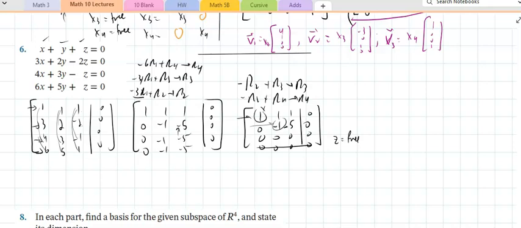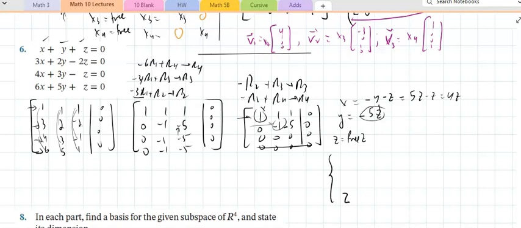That means, let this be Z. Y equals negative 5Z, and X equals negative Y minus Z, and we know Y is negative 5Z, so that's a minus a negative 5Z, that is 5Z minus Z, that's 4Z. So if I really want to get this right, this is how I'll do it.